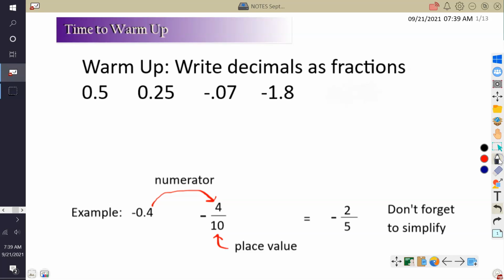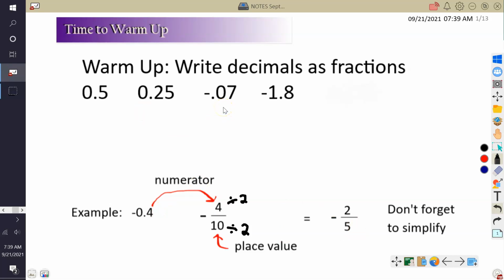So remember, when we simplify, we're saying, I'm going to divide this by 2, make that number smaller, and I'm going to divide that by 2 as well. So 4 divided by 2 is 2, and 10 divided by 2 is 5. So our final answer is -2/5. So this decimal is the same as that fraction right there.